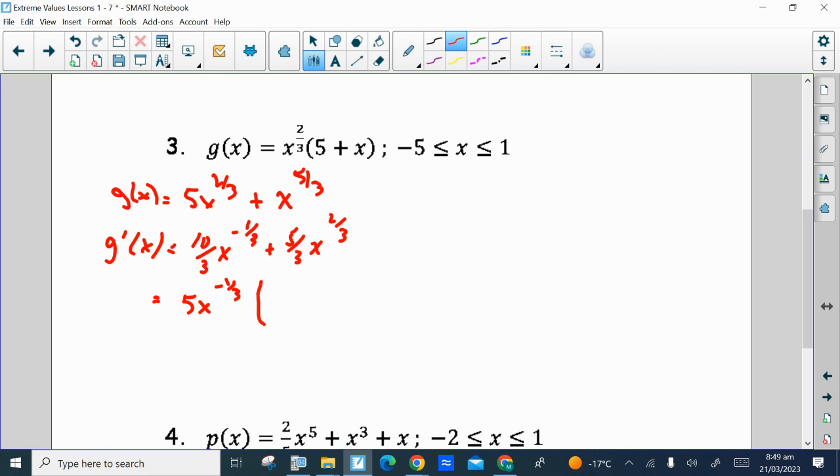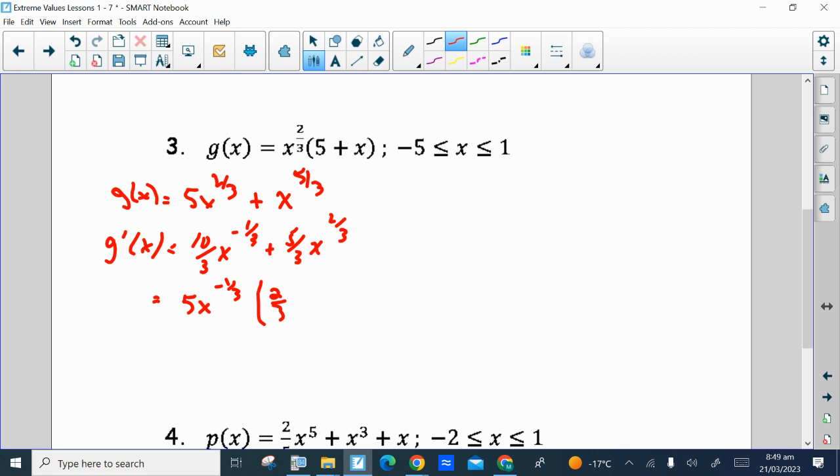And so to get the other factor, a couple different ways you can look at it. You can divide each term by the common factor, or also ask yourself, what do we multiply the common factor by? And I'm looking specifically at the coefficients right now. What do you multiply 5 by to make it become 10/3? And the answer to that would be 2/3. And when you divide the x to the negative 1/3 out, they will cancel.